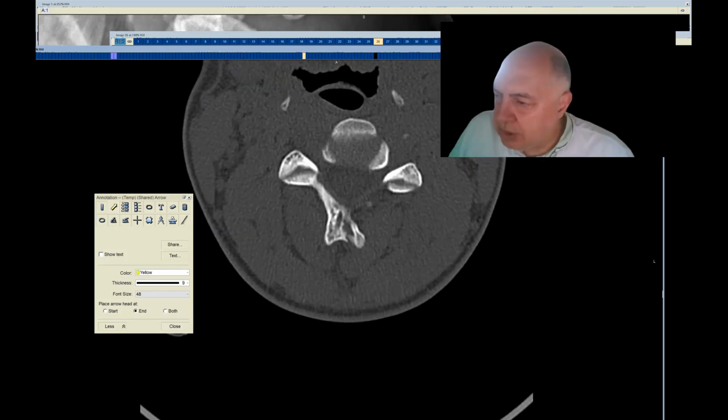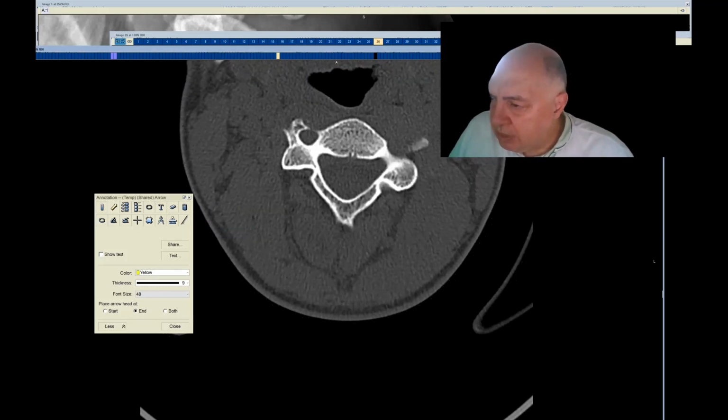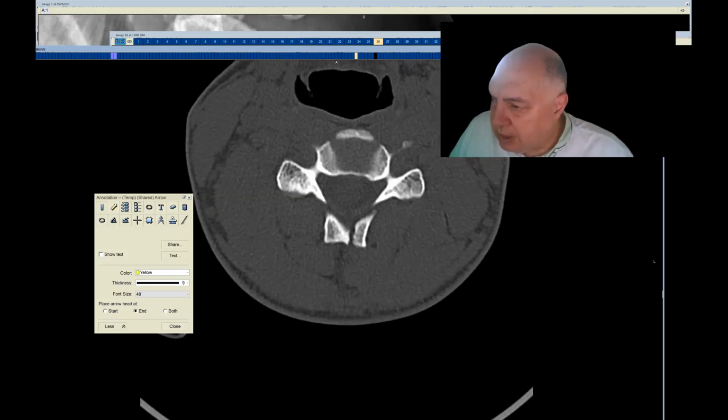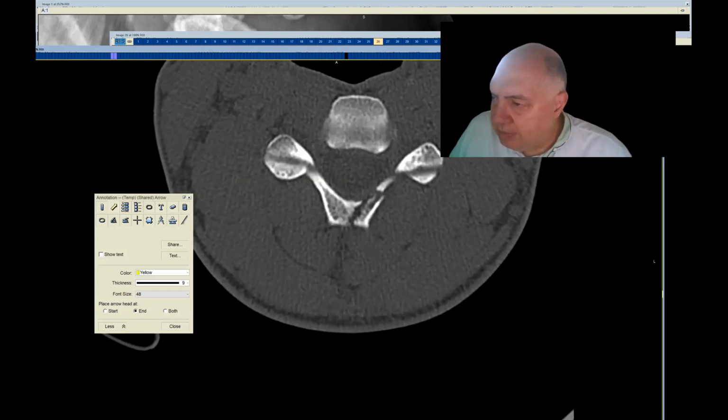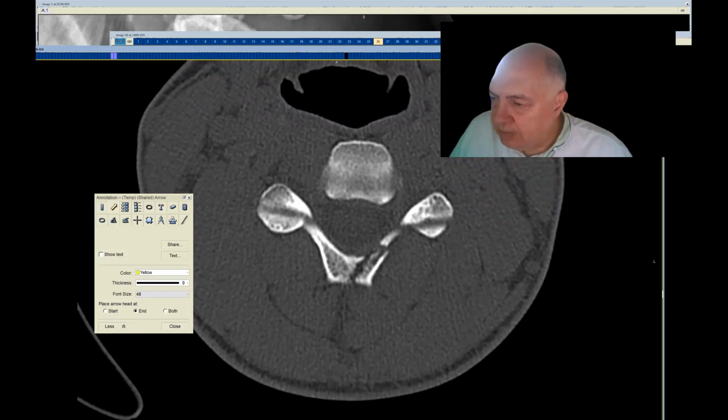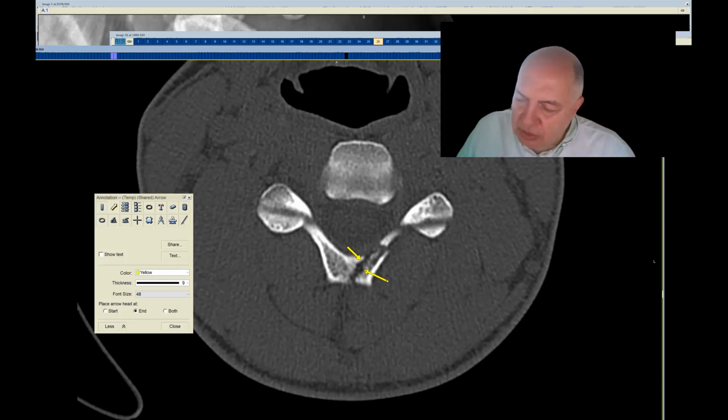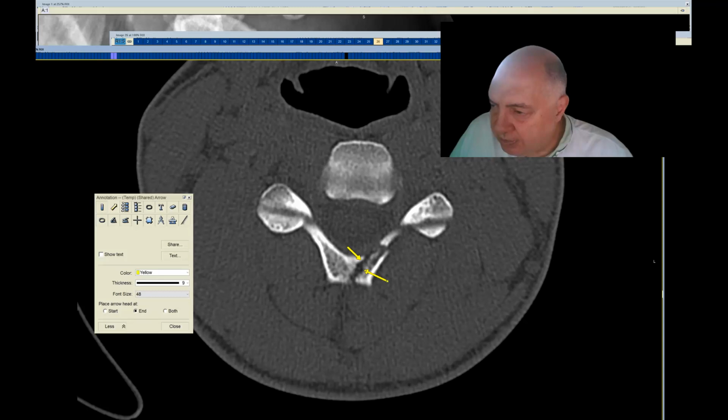So I'm going down through the spine, and there at C4 again, we can see the fracture. So we can see the fracture extending through the lamina. The lamina are the two spaces at the side. So that's the lamina there.